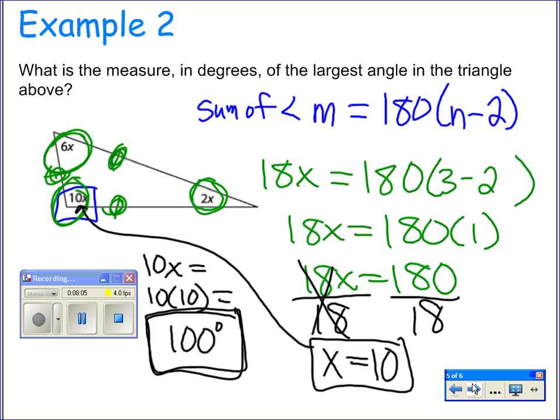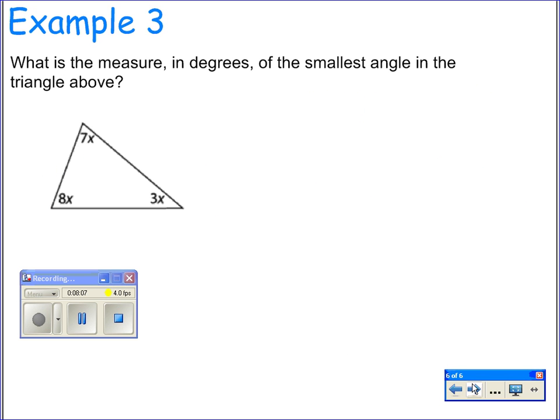Okay, one more example. Example 3 says, what is the measure in degrees of the smallest angle in the triangle above? So we know that the smallest angle in the triangle above is 3x. Using our formula, if you remember from the formula sheet and from the formula we just explained, the left-hand side of the formula has the sum of the interior angle measurements.